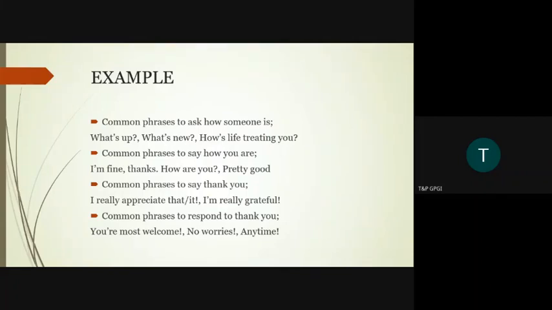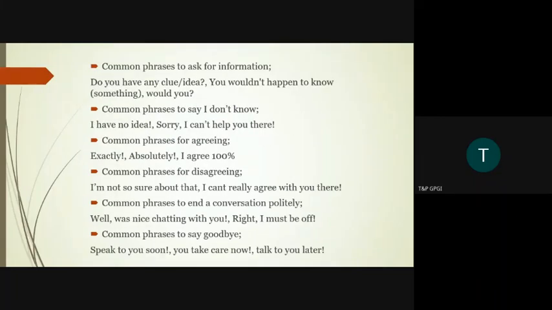Or the common phrases to ask for information. If you want to ask for some information, what you should say, I'll teach you that now itself. Or if you don't want to say I don't know, then what else to say. Or if you're agreeing with someone, how you should say it, or how to use a phrase for disagreement, or how to end a conversation politely.